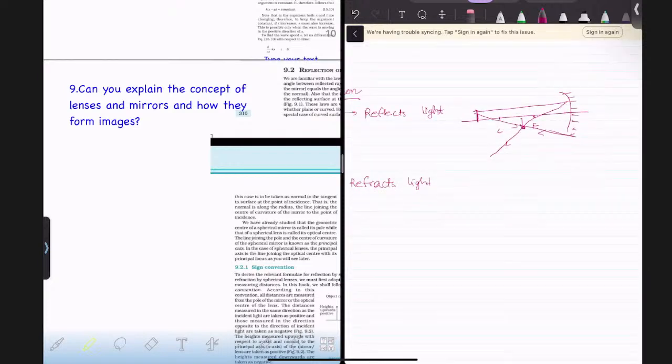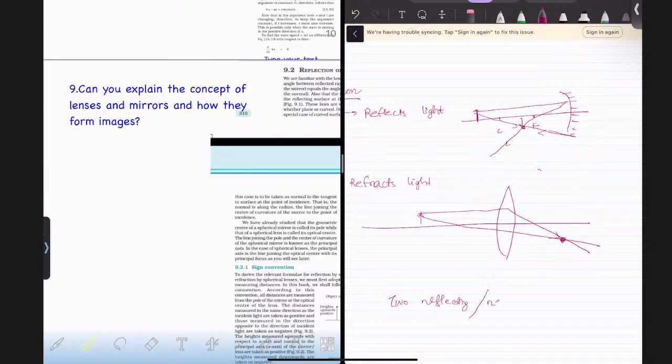Okay, रिफ्रैक्शन में भी वैसे ही, अगर ये एक लेंस है, एक ऑब्जेक्ट था, जहां पे two reflecting or refracting lights join, it forms an image. Okay, so एक इमेज बनाने के लिए तो रिफ्लेक्टिंग और रिफ्रैक्टिंग लाइट्स का ज्वाइन होना इज नेसेसरी.